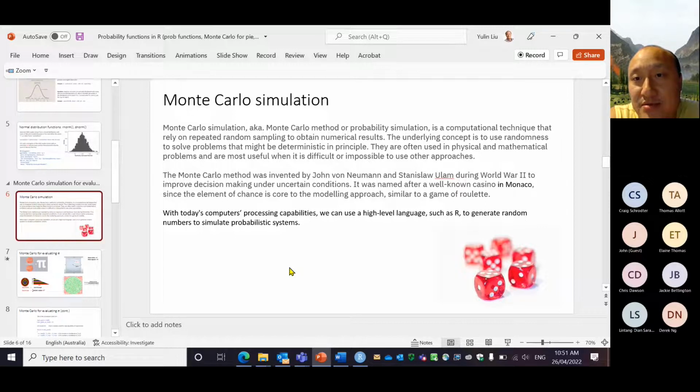The Monte Carlo method is used a lot in applied mathematics, engineering, science, too many applications. If you Google it, you can find lots of stories. A little bit of history. The Monte Carlo method was invented by John von Neumann and Stanislaw Ulam, the big names during World War II, to improve decision making under certain conditions.